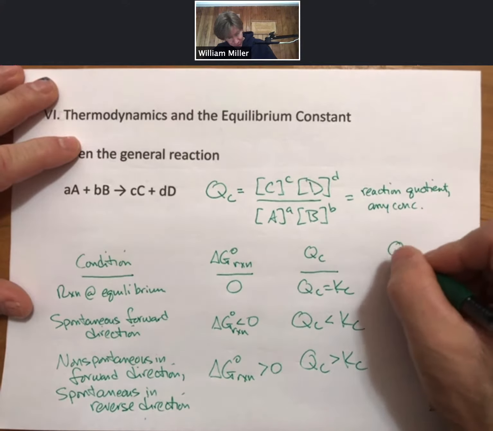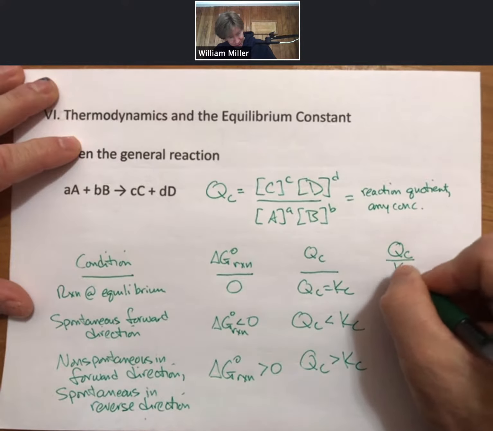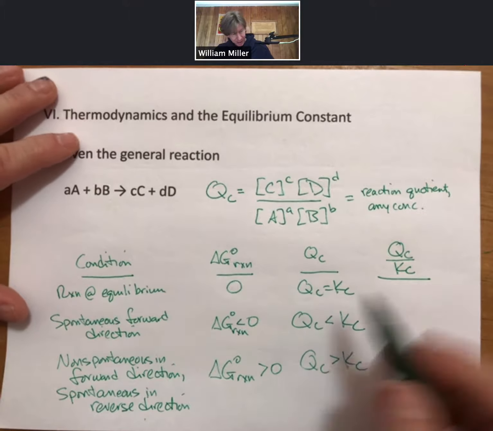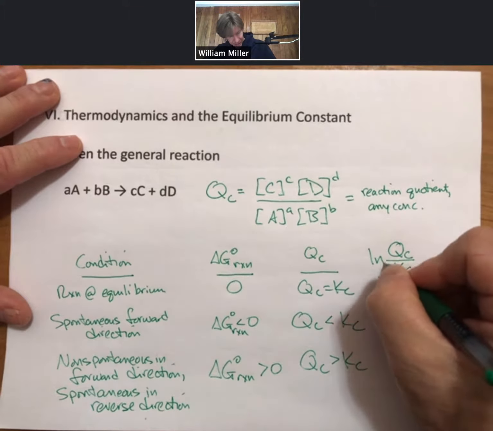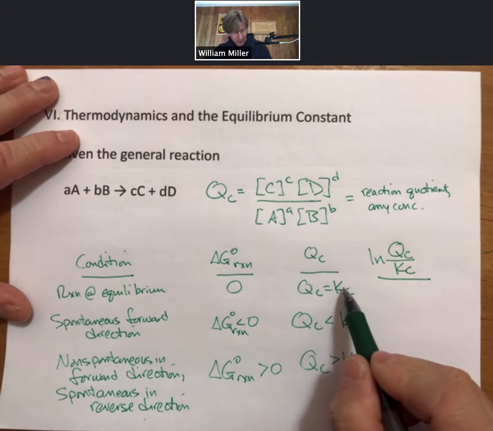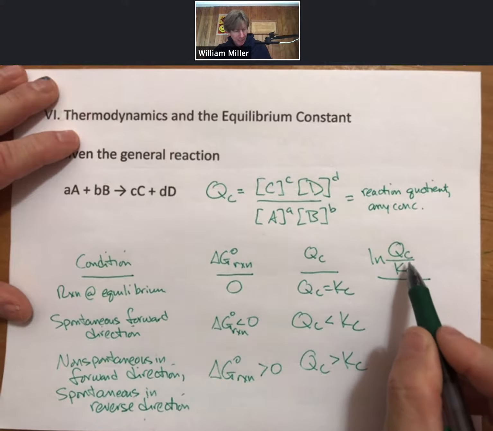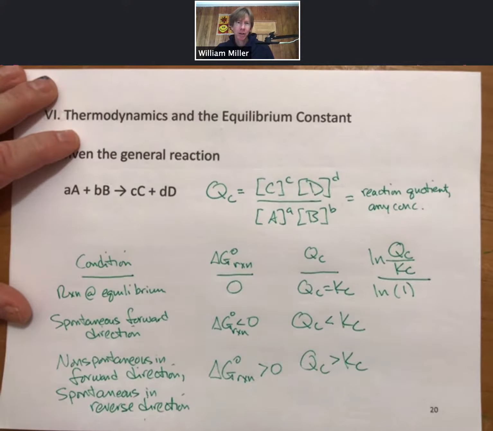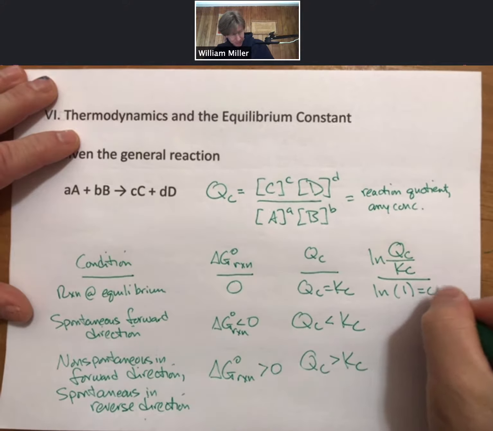Now let's come up with a third column, QC over KC, and then we're going to take the natural logarithm of that. So when QC equals KC, QC over KC is 1, and the natural logarithm of 1 equals 0.